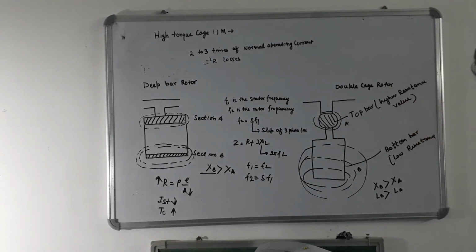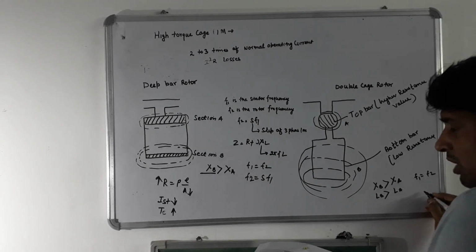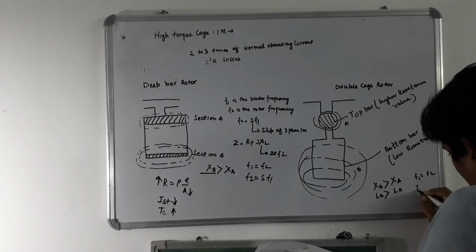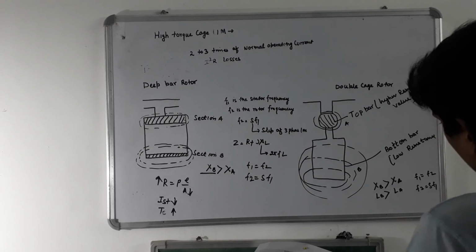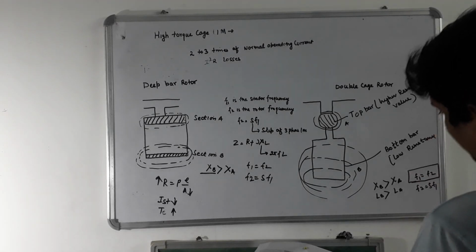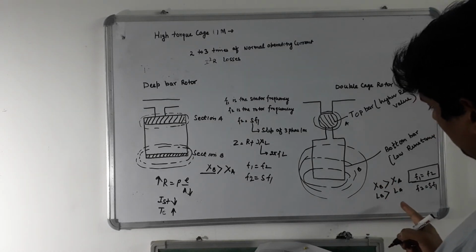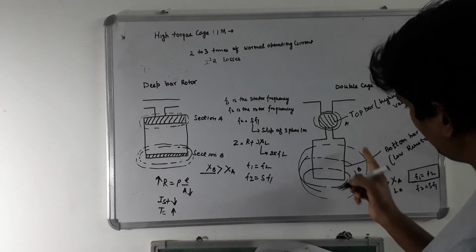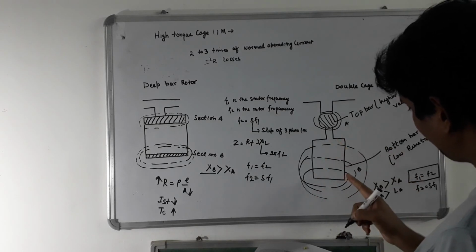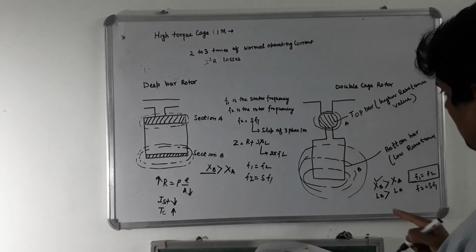During starting, F1 is equal to F2. If the motor is running at normal speed, then F2 is equal to S F1. First of all, I will discuss during starting. During starting, the reactance of the bottom bar is higher than the reactance of the top bar.